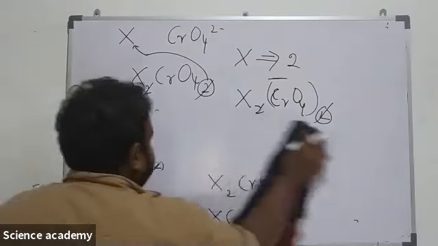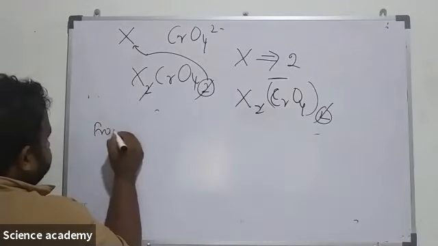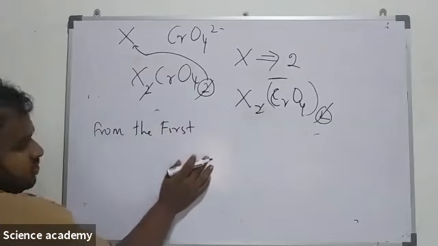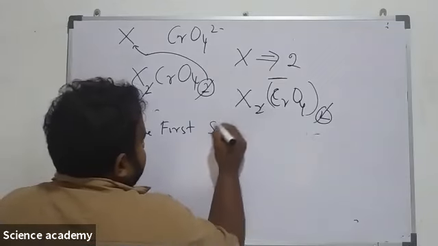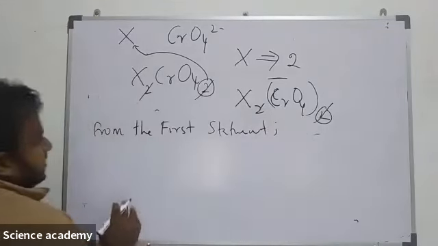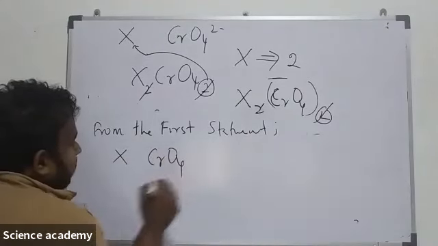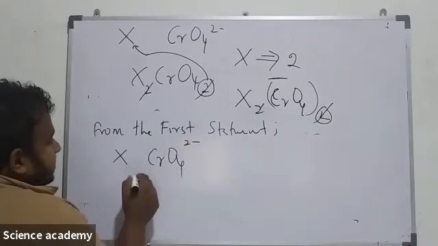So write down from the first statement. When you write the answer, no need to write like this; I write it just for explanation. From the first statement, what do we take? XCrO4, this 2 minus.